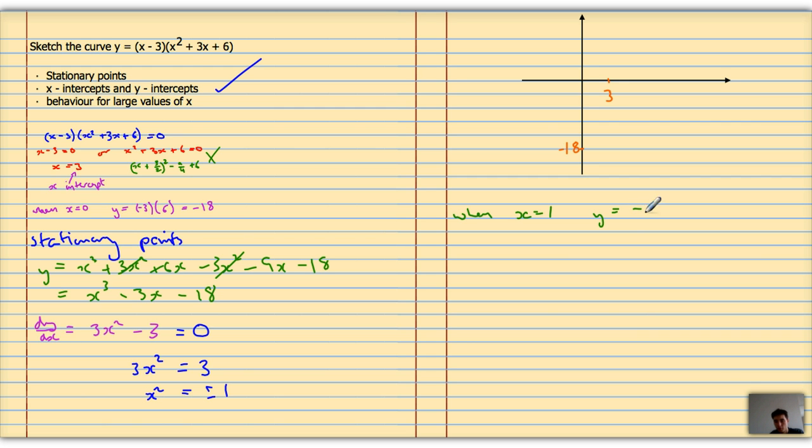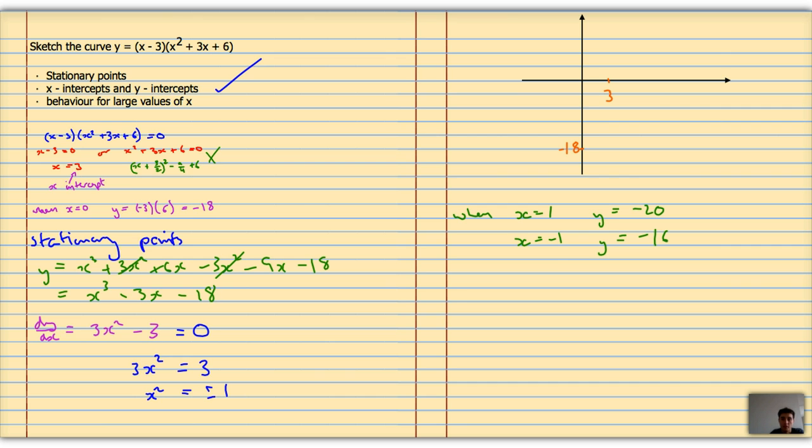So that's minus 20. And then at x equals minus 1, we're going to have minus 1 plus 3 minus 18. So that's minus 19 plus 3. It's going to be minus 16. And does that make sense? I think so. Okay.